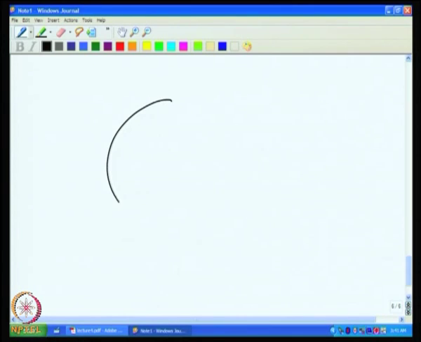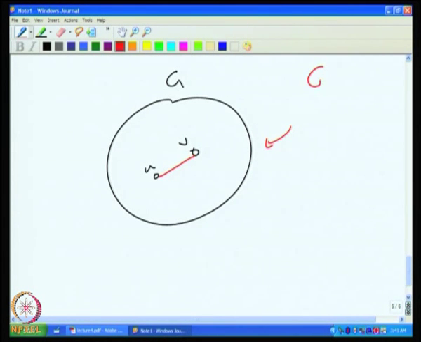So, we have this graph G. What I am saying is, if there are any vertices u, v, you can try adding this new edge to it. We will get this new graph, say G1 we can call it. So, this is G plus E. I am saying it is enough to demonstrate a bad set in G plus E, that same bad set will be a bad set for G also.